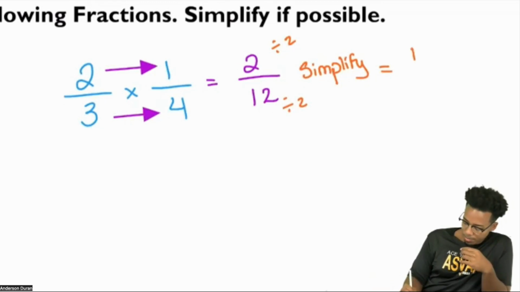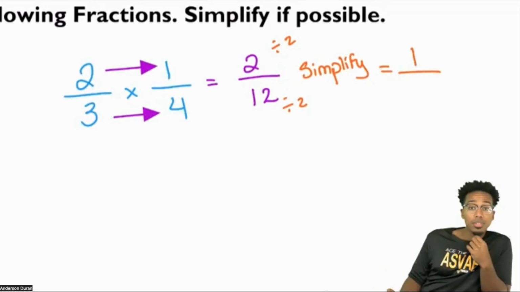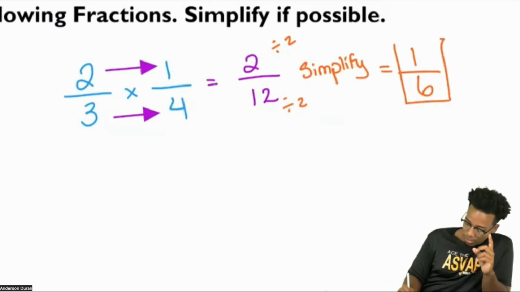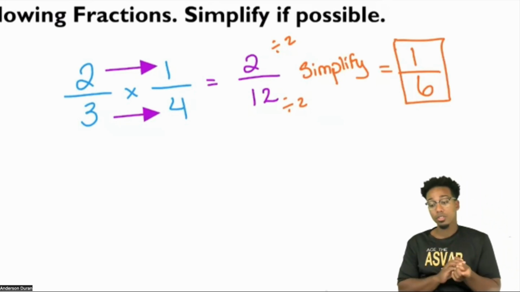It's going to be 1. And then 12 divided by 2 is going to give us what? We're dividing here. That's going to be 6. So the answer here is going to be 1/6.